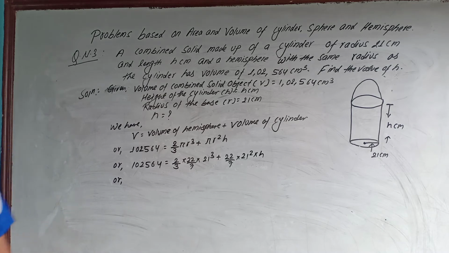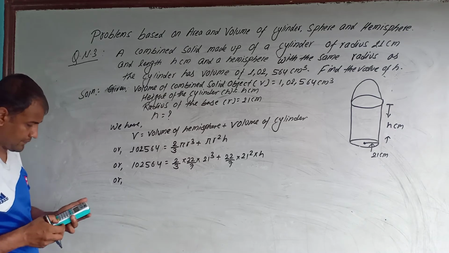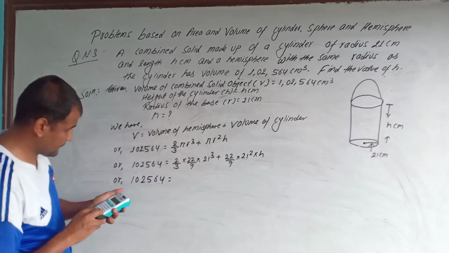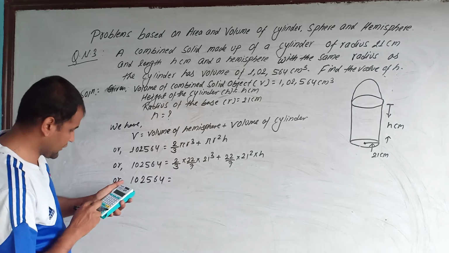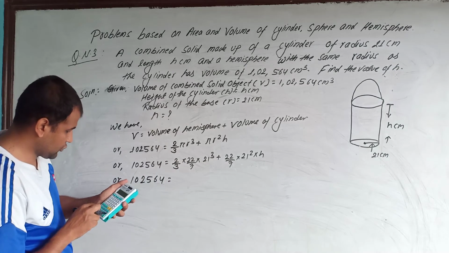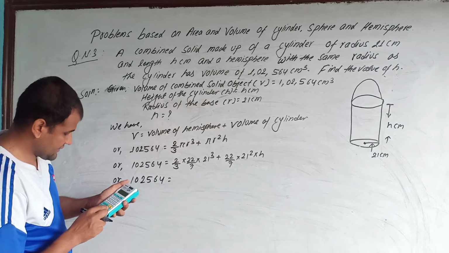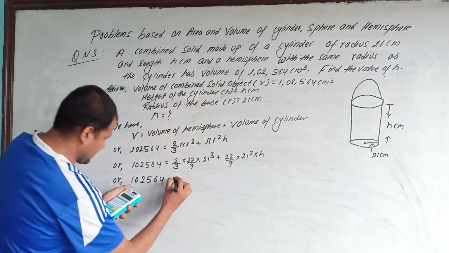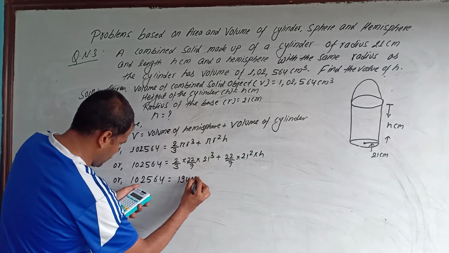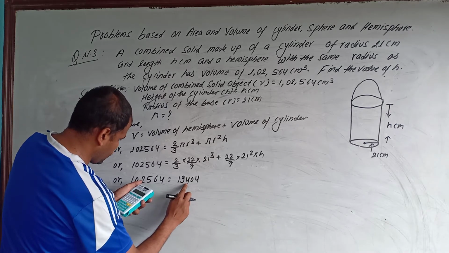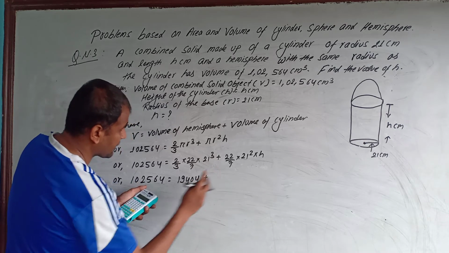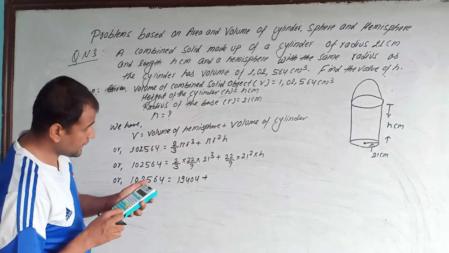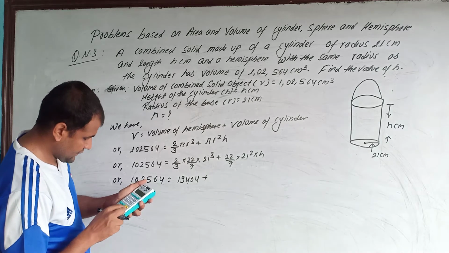Or 102564 is equal to 2 into 22, 44, into the cube of 21 divided by 21, that is equal to 19404. 19404 plus 22 into square of 21 divided by 7.